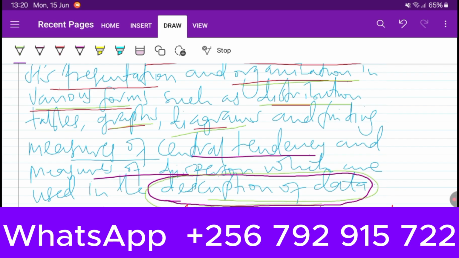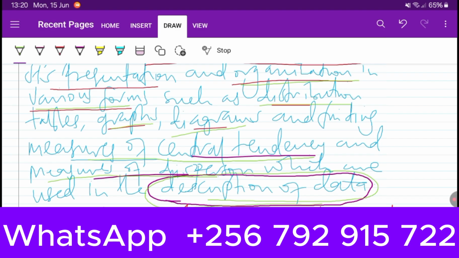Descriptive statistics focuses on the numerical procedures and the graphical procedures. Among the numerical procedures, we have issues to do with finding the measure of central tendency and also finding the measures of dispersion or spread.